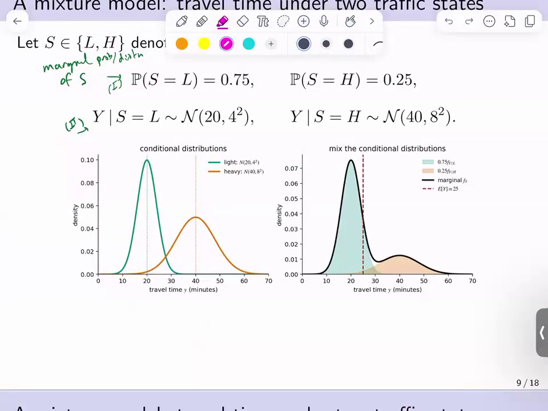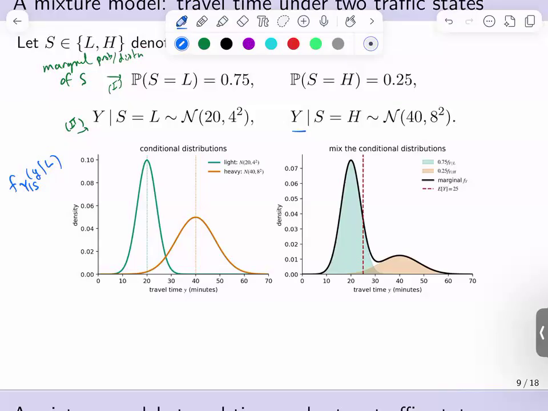So I can talk about the conditional density of Y given S being, for example, heavy or light. Given that S is light, this is going to give me a typical normal distribution, and this is going to give me a typical normal density, which then I can use with the law of total probability.